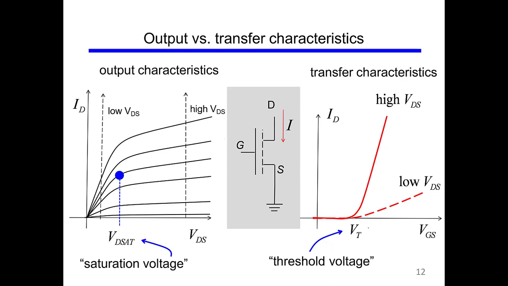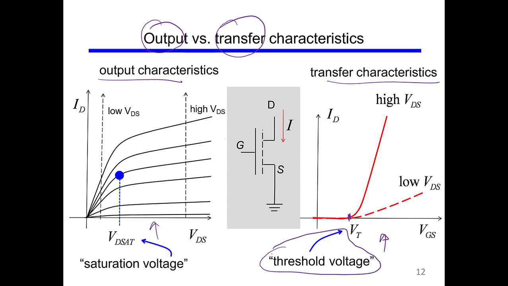Again the two curves, the output and the transfer characteristic, are shown. On the left you have the output characteristic, on the right you have the transfer characteristic. You can see that all the regions, the saturation, linear and cutoff, are here and here. What is important in the transfer characteristic is this voltage VT, which is the threshold voltage.